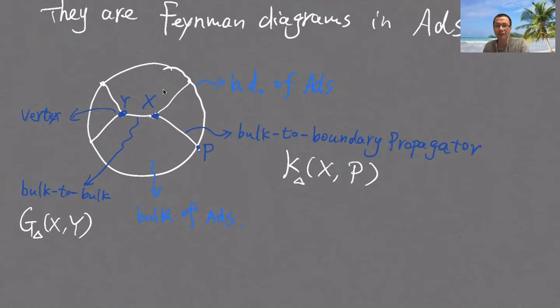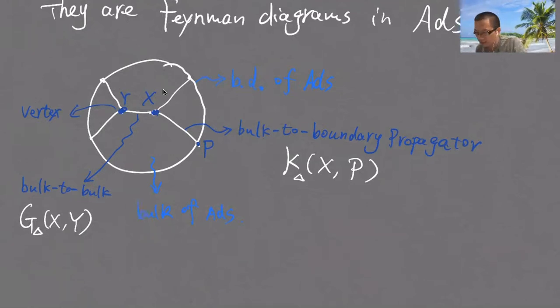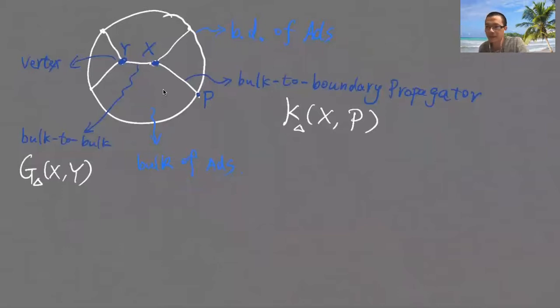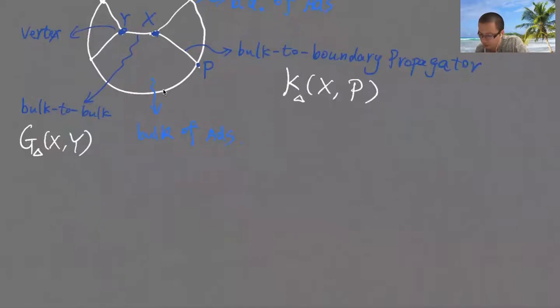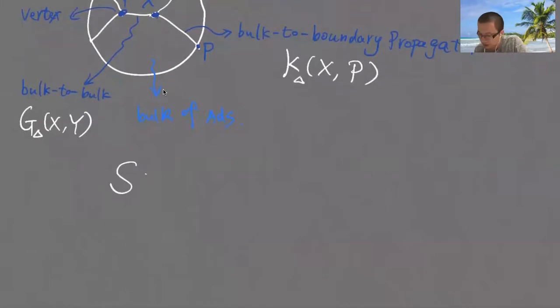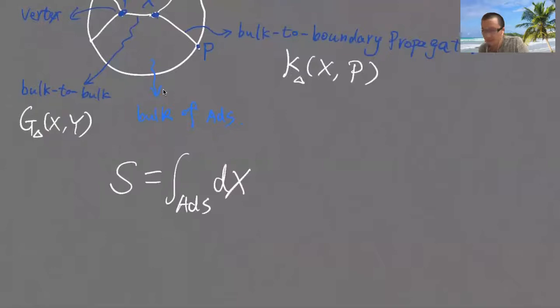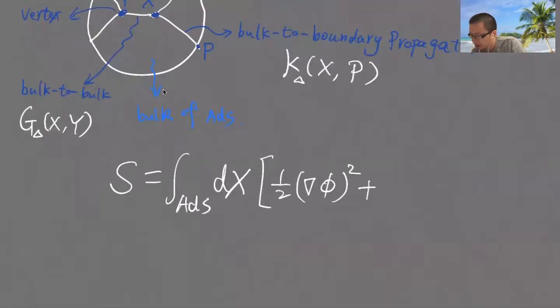Okay. Those propagators or operators can be scalar, vector, or spinors. We will consider basically the simplest case, the scalars. So we will consider a scalar model, an action in AdS space, where we integrate over AdS space with some AdS coordinate. The scalar theory has some mass.